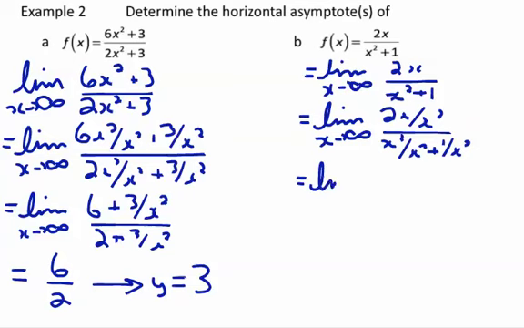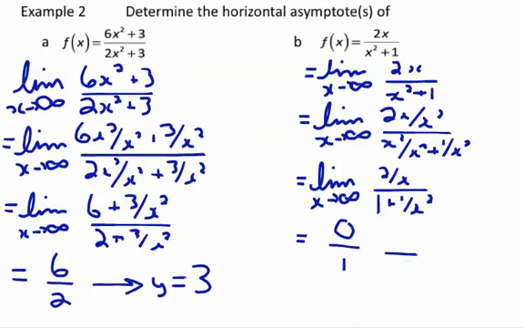We'll reduce what we can. We have 2 over x on top, and 1 plus 1 over x squared on the bottom. Substitute in the infinity. Anything that has an x left in the bottom goes to 0, so we have 0 on top, 1 on the bottom. Horizontal asymptote at y equals 0.